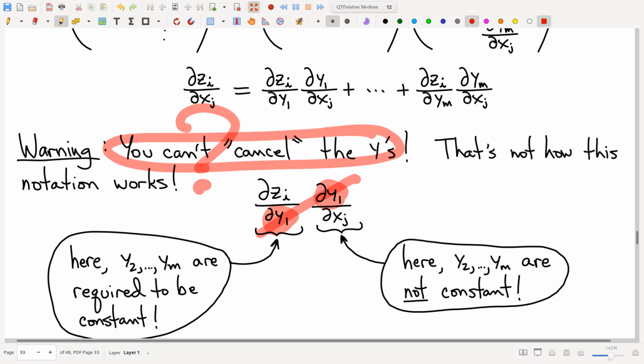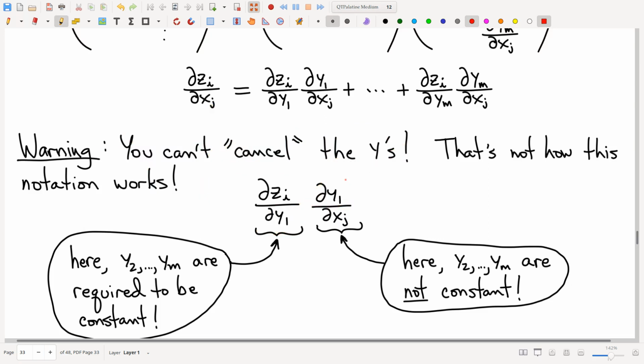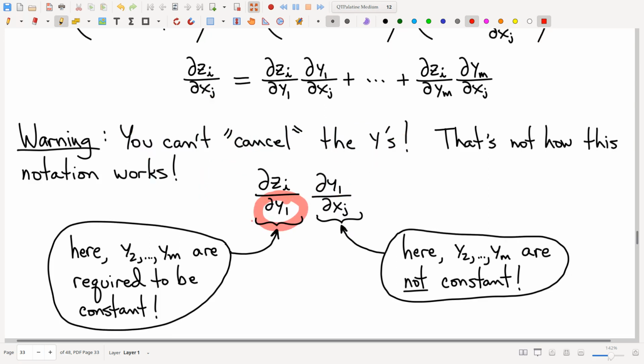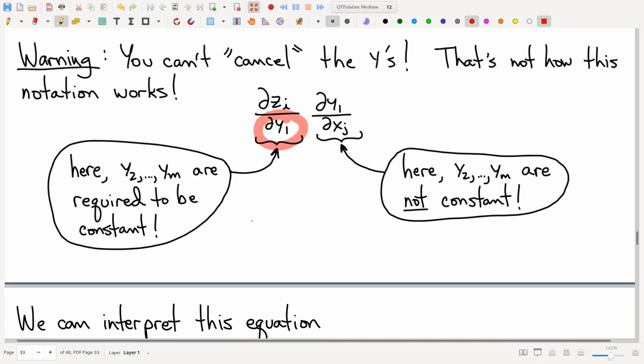So here's ultimately the problem. This notation makes it look like we have a fraction, right? You see the little horizontal line? It looks like a fraction. When you see a fraction, you're tempted to think that you're looking at a ratio of two independently well-defined things. And in this case, we are not. In particular, I claim that this little thing here that you might call partial y1, that is not a thing.